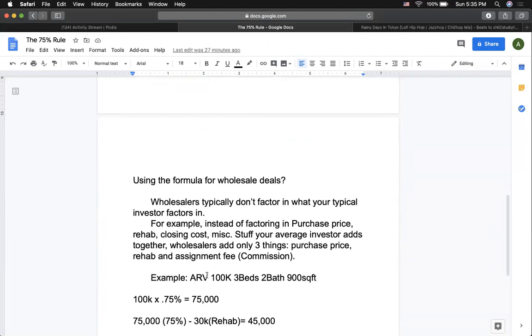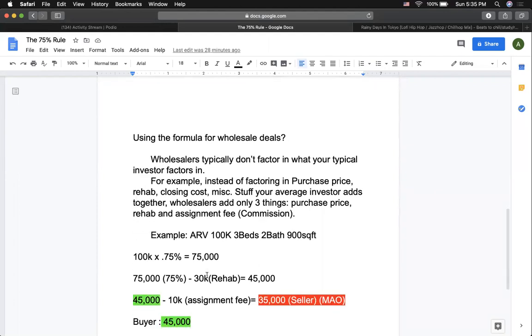So using the formula for wholesale deals, wholesalers typically don't factor in what your typical investor factors in. It's a totally different ball game for wholesalers.